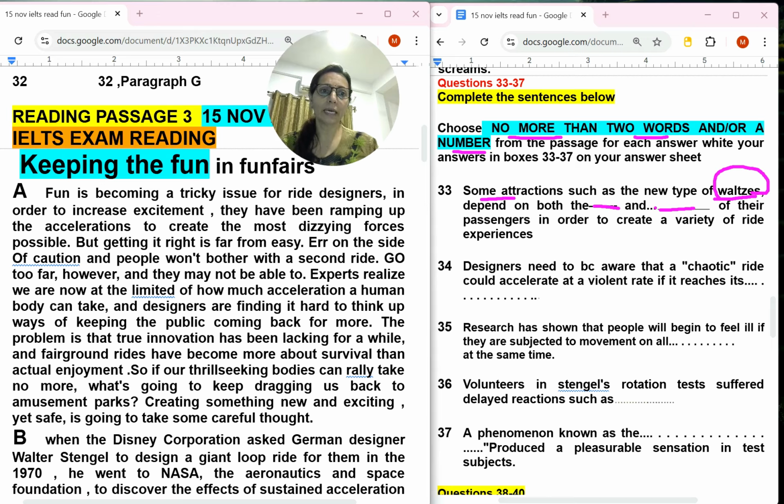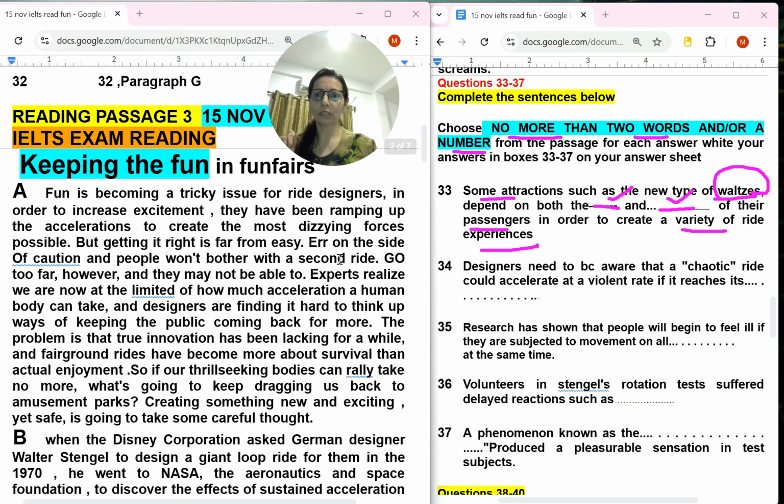Here we need to find both blanks' correct answers. If you have one blank correct and the other wrong, then your answer will be totally wrong, because for both the answers you will get only 1 mark, as this is one sentence. Here the keywords are: depend on both of their passengers in order to create a variety of ride experiences. Let's go to first.